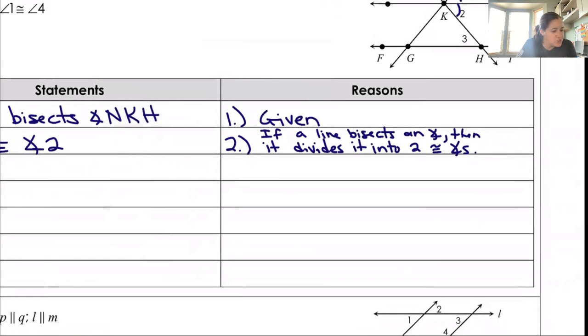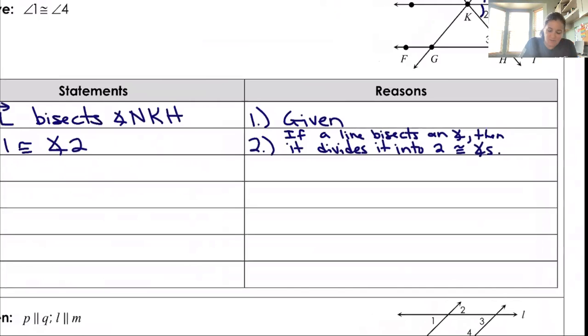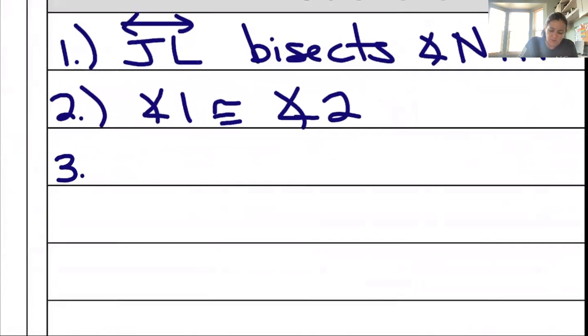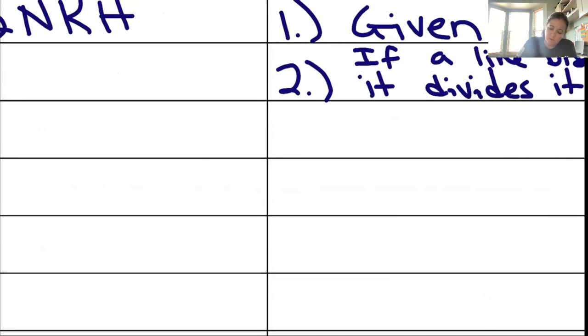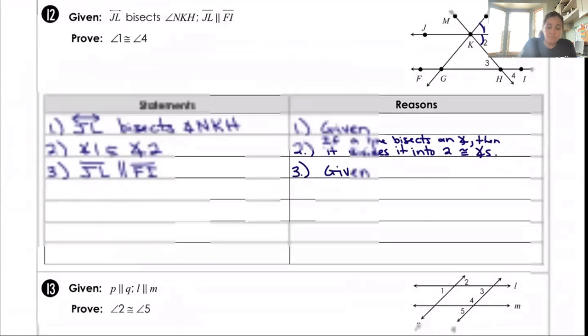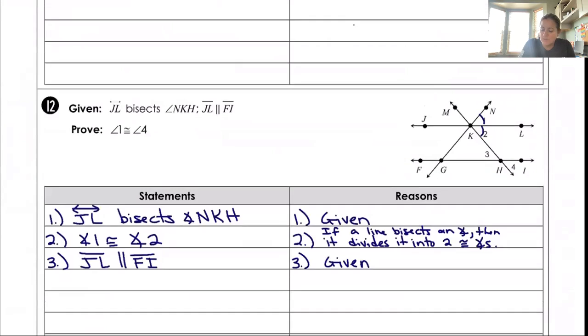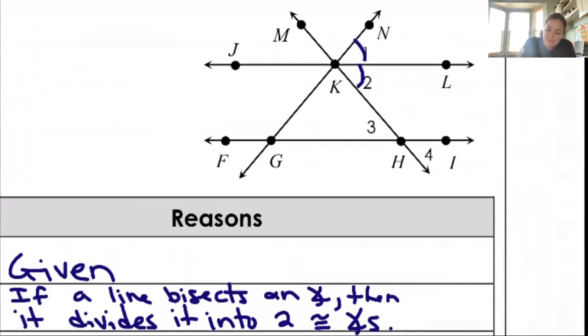All right, let's see where we're going here. We also know that JL is parallel to FI. So let's write it down and then we'll see what those parallel lines give me. So my third statement here is my given statement. I'm going to highlight those and see what becomes of that.